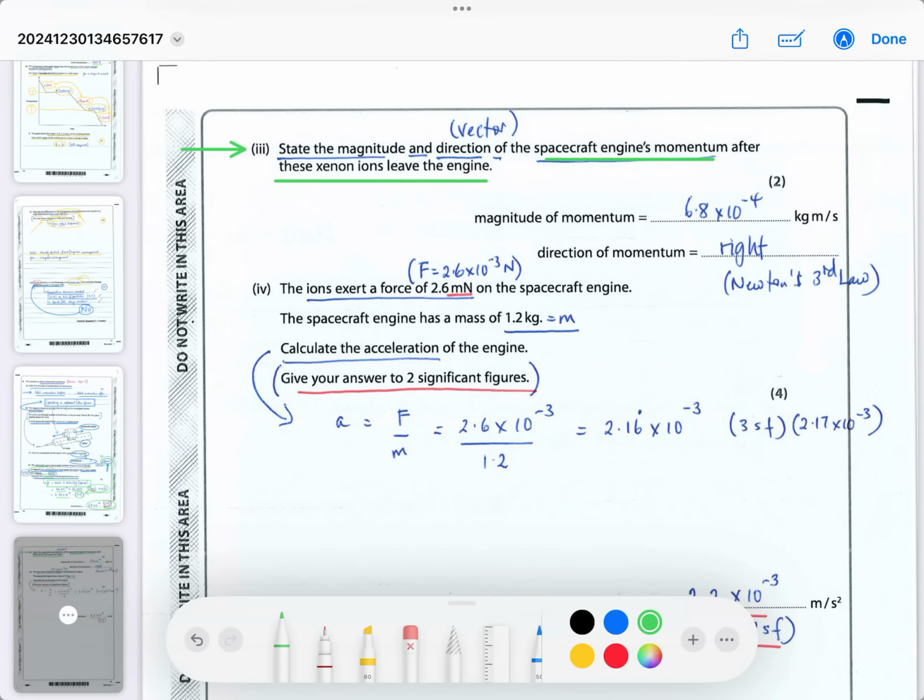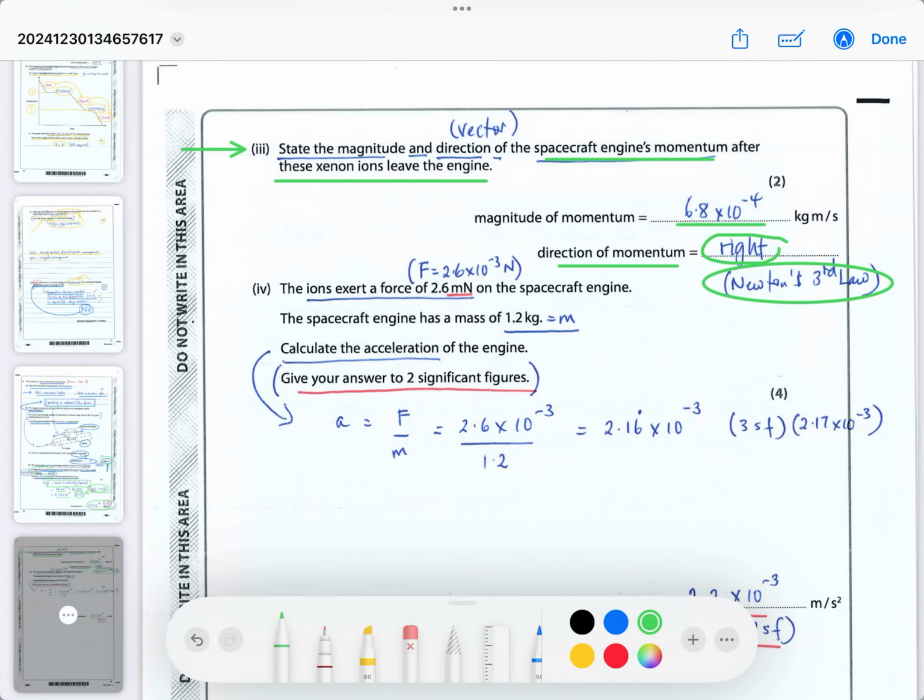Well, then by Newton's third law, this is what they want to see that you understand, the momentum to the right will be equal to the momentum to the left, because momentum must be conserved. Before you ejected the ions, the total momentum was 0. If the momentum to the left is considered to be negative, then the spacecraft will move to the right. Its direction will be in the opposite direction, and that will be to the right.